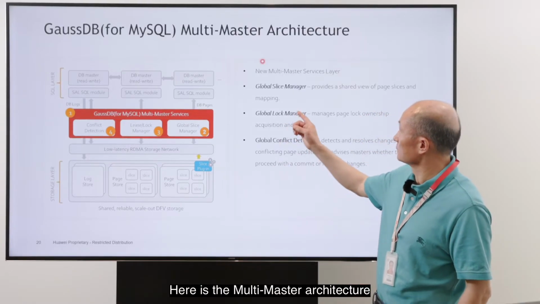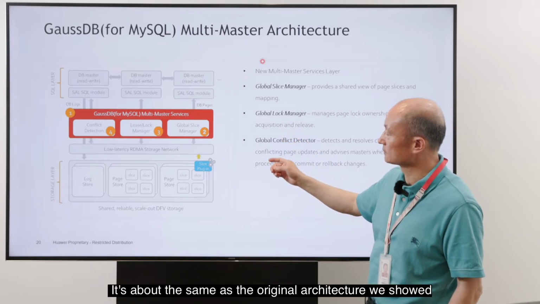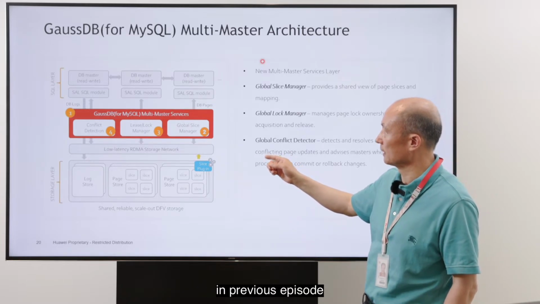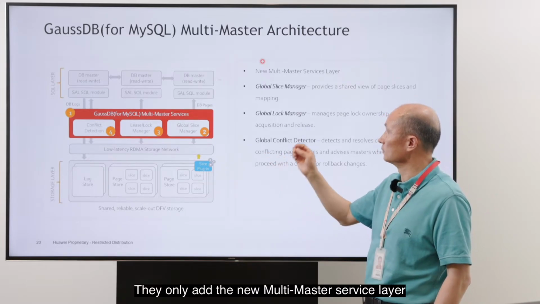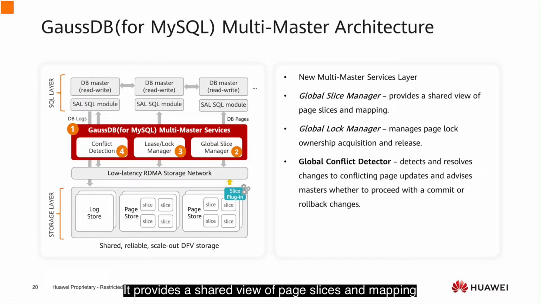Here is the multi-master architecture. You can see the overall architecture is about the same as the original architecture we showed in the previous episode. They only added the new multi-master service layer. The multi-master service layer has 3 main components. One is Global Slice Manager. It provides a shared view of page slice and mapping.